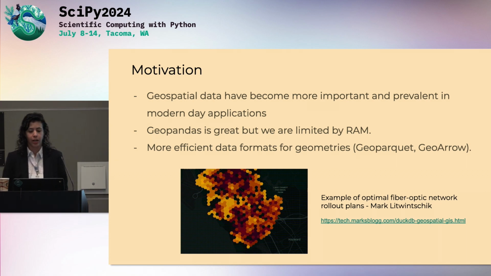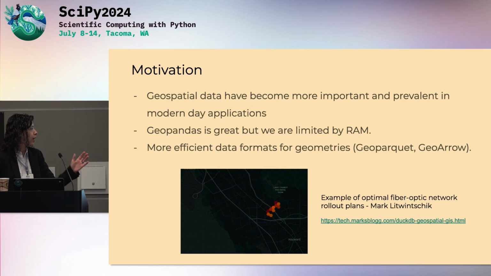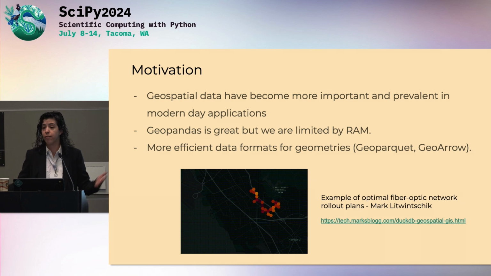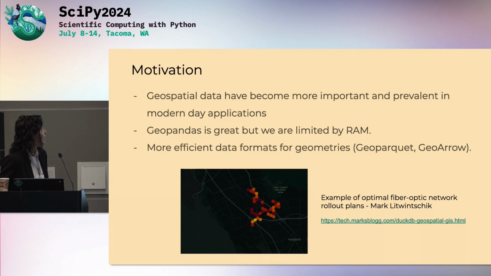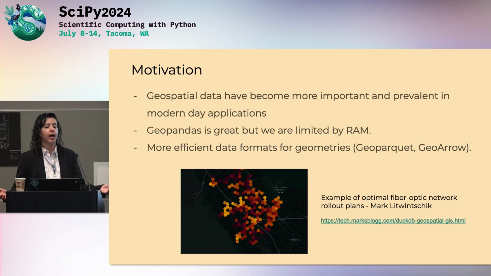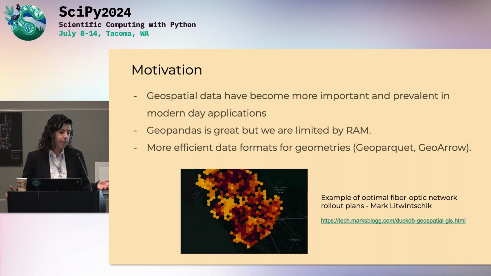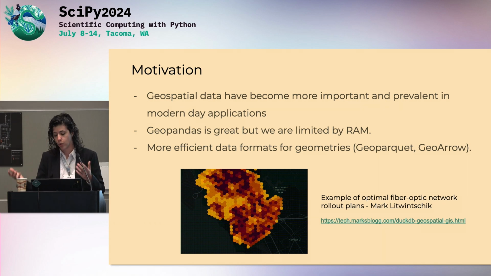We have use cases ranging from location-based services to environmental monitoring to something like optical fiber network rollout plans, whatever that means, but this kind of data is everywhere, so we want to process it somehow. And data keeps growing, and it doesn't fit in RAM in most cases. So GeoPandas is great, but sometimes we're limited by RAM, and then we would like to maybe work on our laptops, not getting a huge machine on AWS or a cluster and dealing with all that stuff.